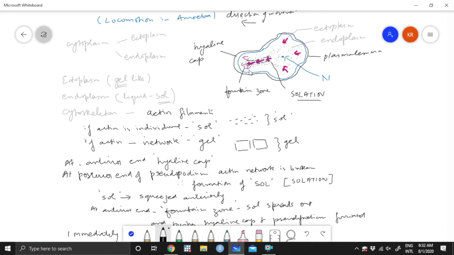That means around this here, on this side, this side, this side, all these sides. So this is called as gelation. And as that happens, now everything is got little more solid, but very quickly from the posterior end there is solation, so again it is getting pushed.